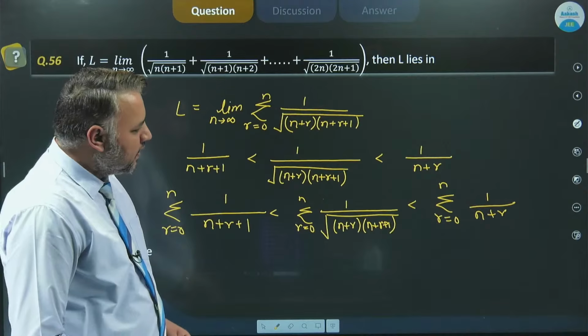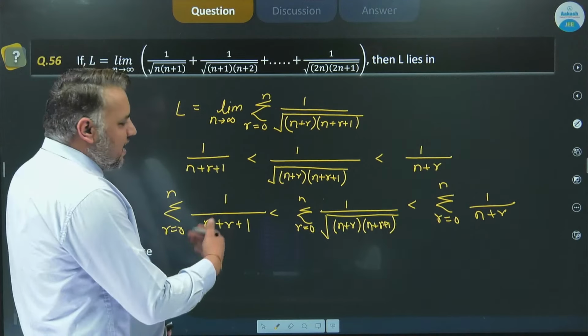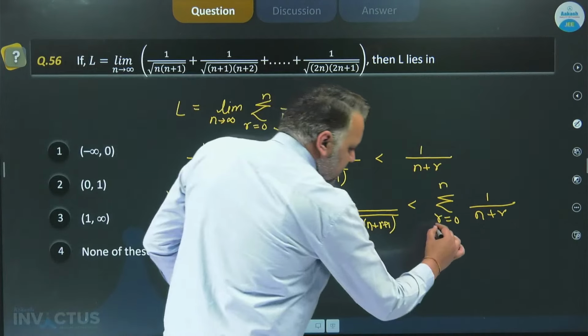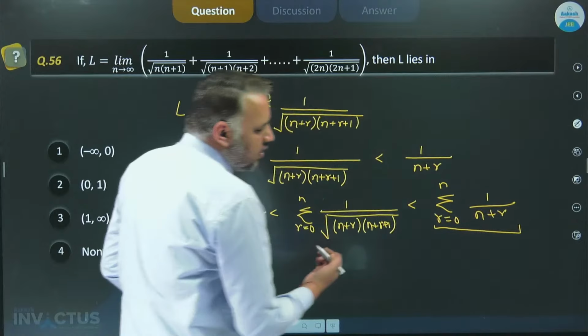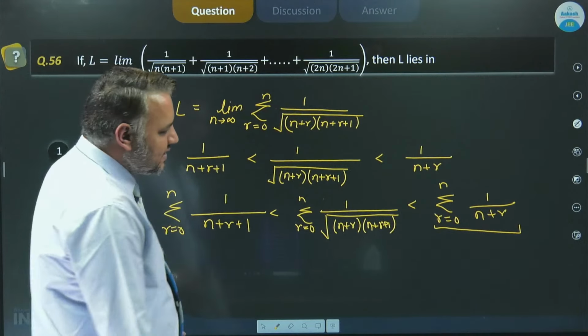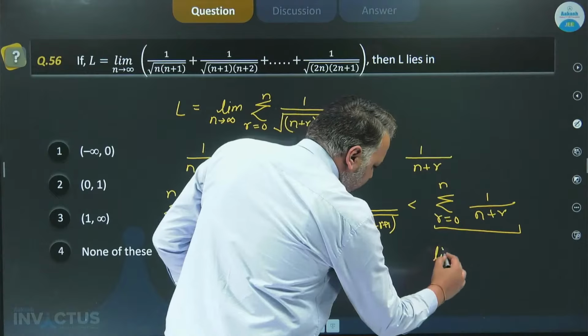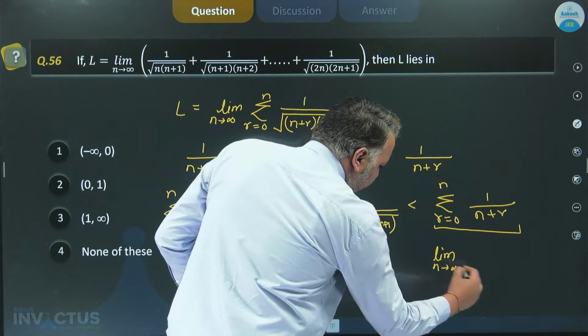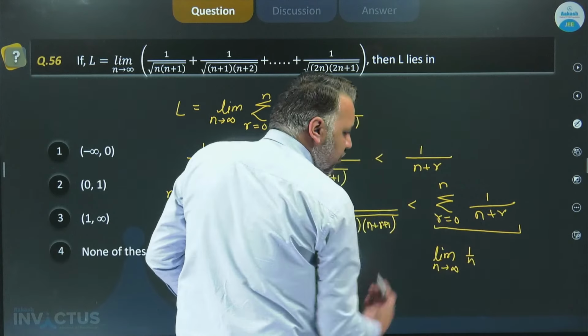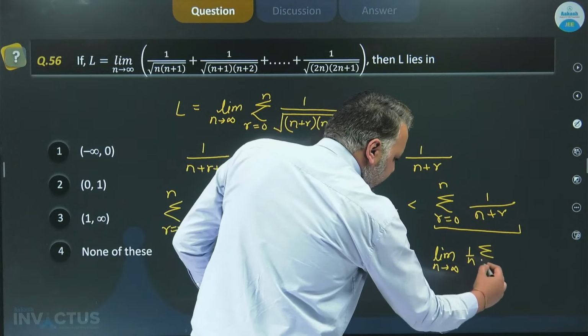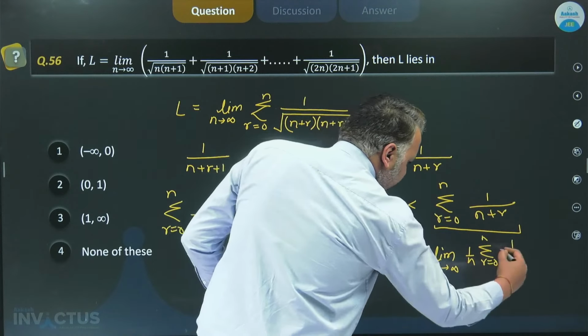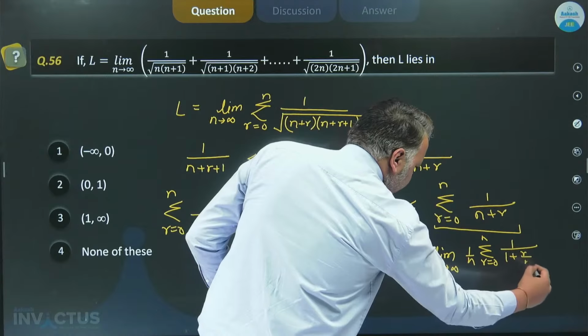Okay. Now if you apply limit n tends to infinity, using limit of a sum, taking n common from the denominator, you can write limit n tending to infinity, 1 upon n, summation r is equal to 0 to n, 1 upon 1 plus r by n.